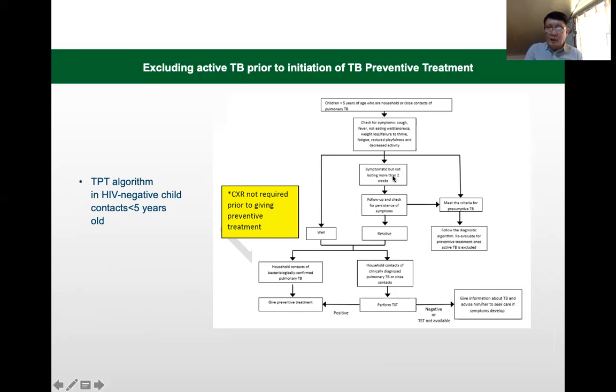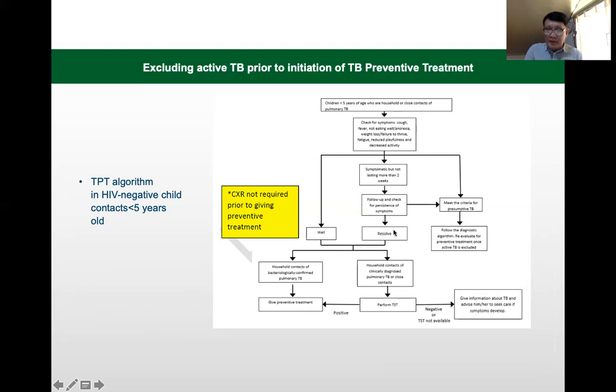Now, if the child is symptomatic but not lasting more than 2 weeks, we have to follow up and check for persistence of symptoms. Once it is resolved, the child is well, and is a household contact of a BCTB, then give IPT.